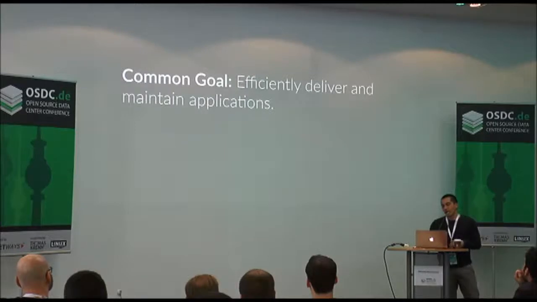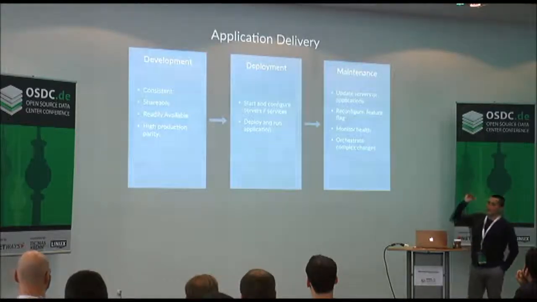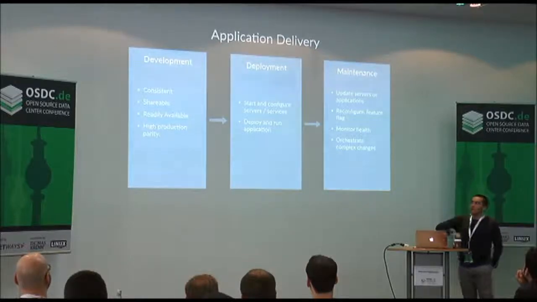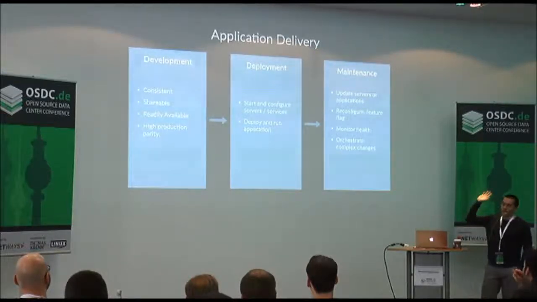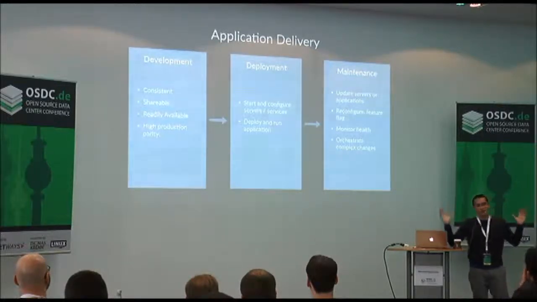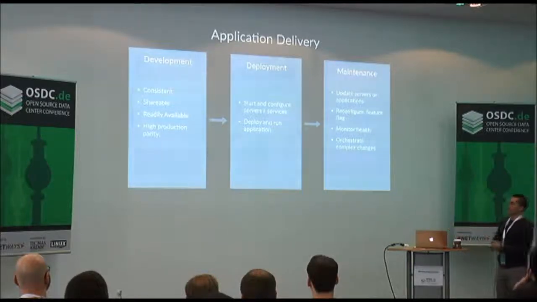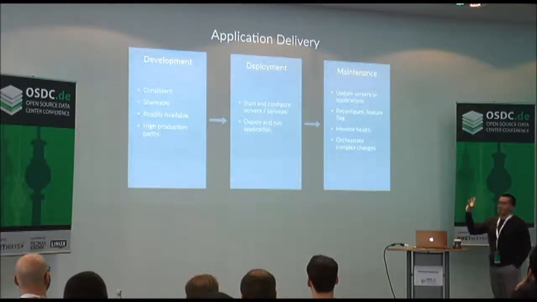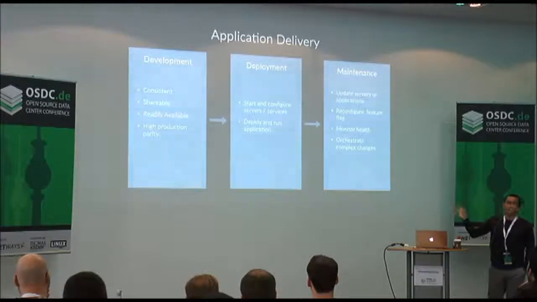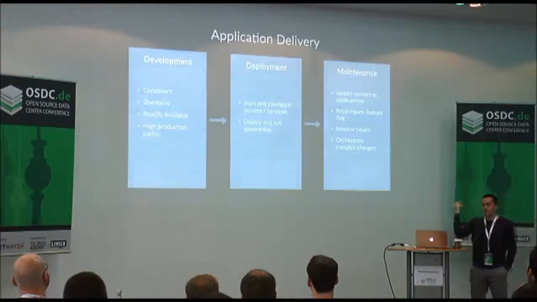I've shown this slide for a long time, but this is how I like to break down application delivery into three different categories. For some companies these are silos, and for some they're not, but that's not what I'm trying to show. I'm just trying to show three different categories of stages things have to go through, and then they usually spin around in a circle.